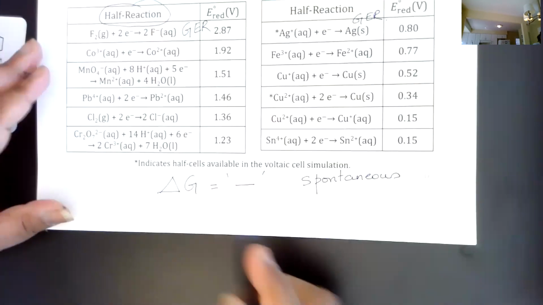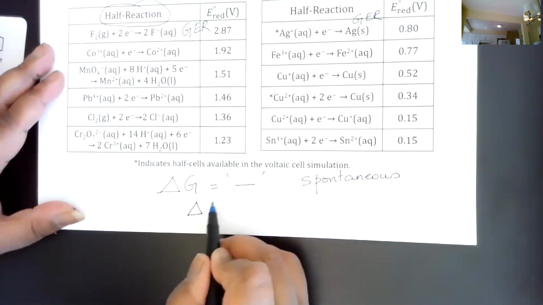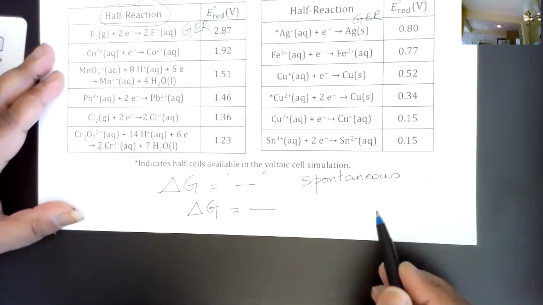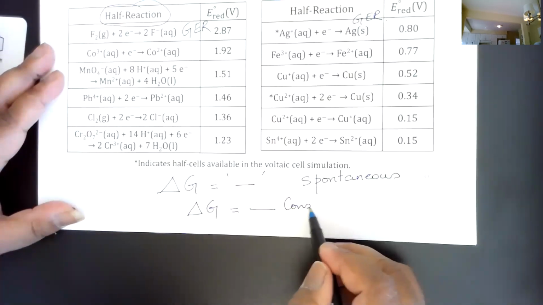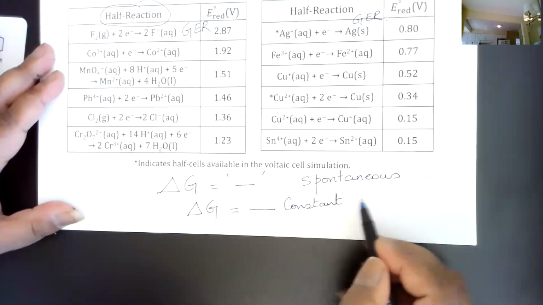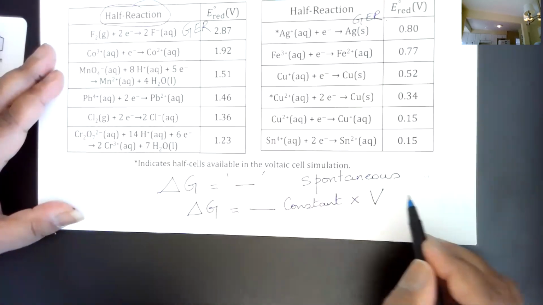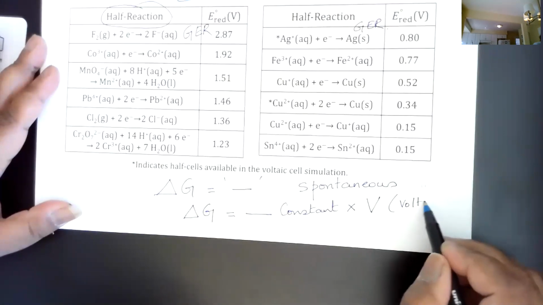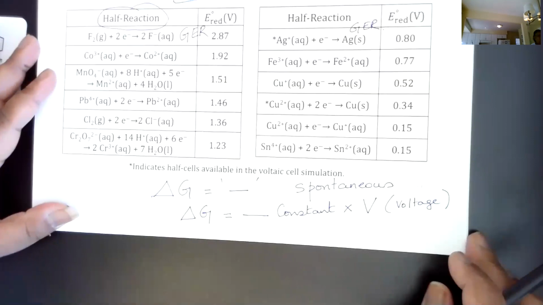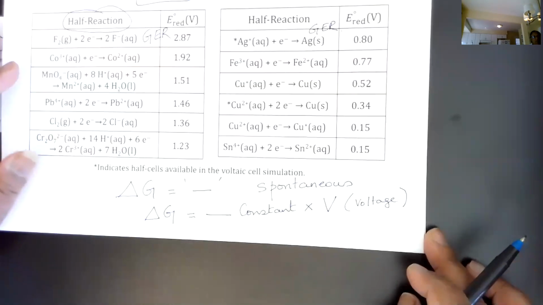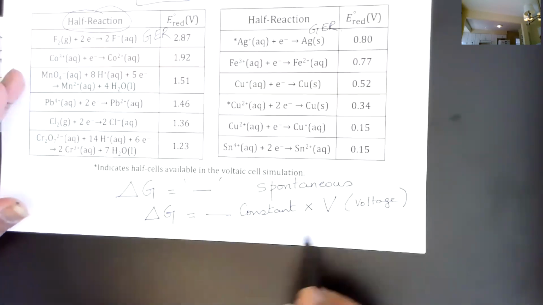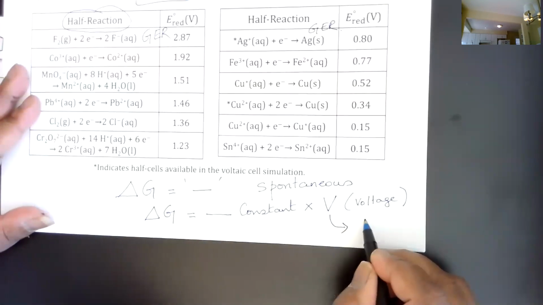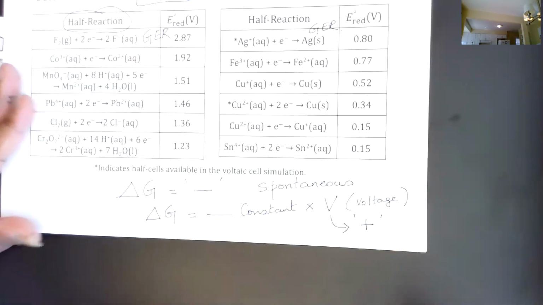Now, for an electrochemical reaction to be spontaneous, delta G equals negative constant values multiplied by the voltage. So for delta G to be negative, then this voltage must be positive.